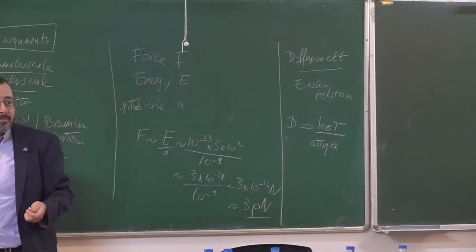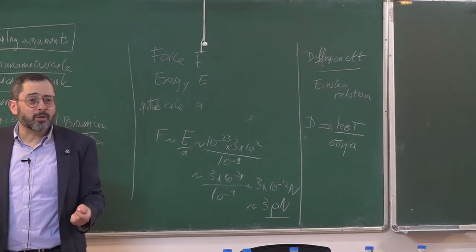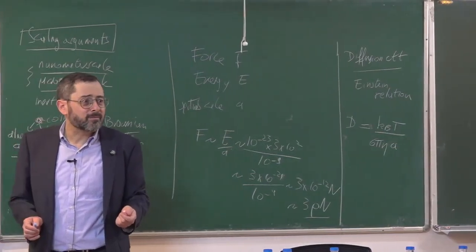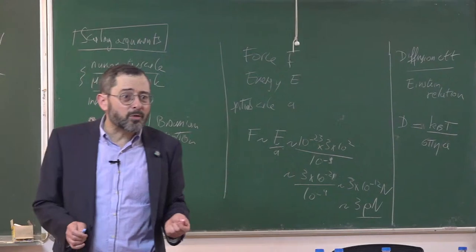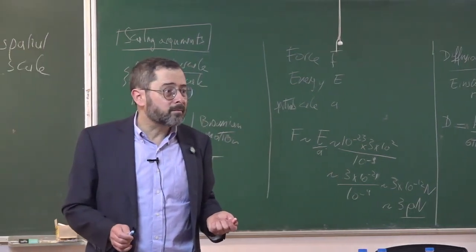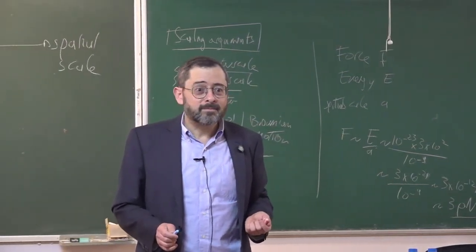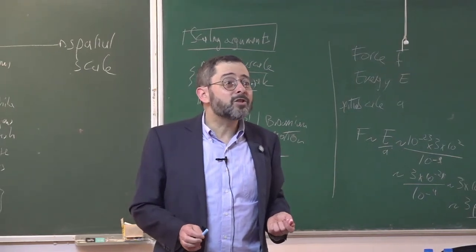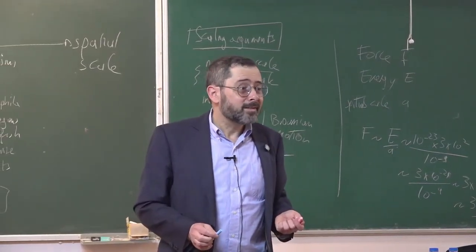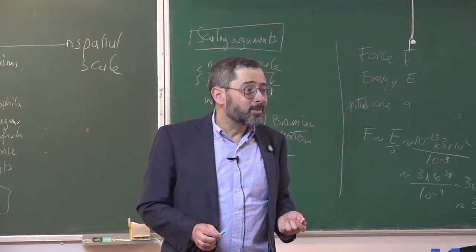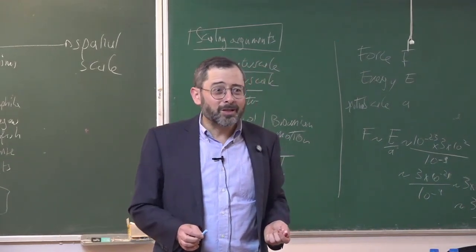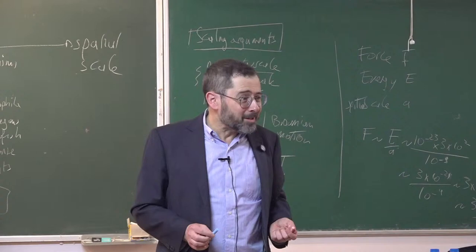It's okay with everyone? What is the energy of a particle of 1 nanometer? Katie, what is the energy of a particle of 1 micrometer? What is the energy? No. Katie, what is the energy of a particle of 500 nanometer? Thank you, Katie.